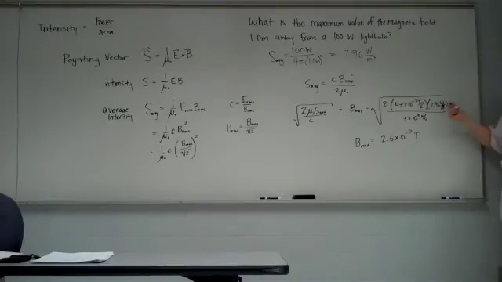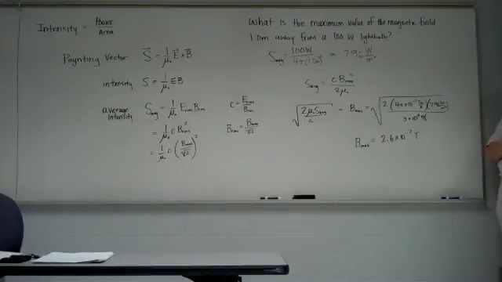If you keep your intensity in watts per meter squared, you will come out with Teslas for the magnetic field. So if you're in the basic SI units, the regular units will work out perfectly. Questions?